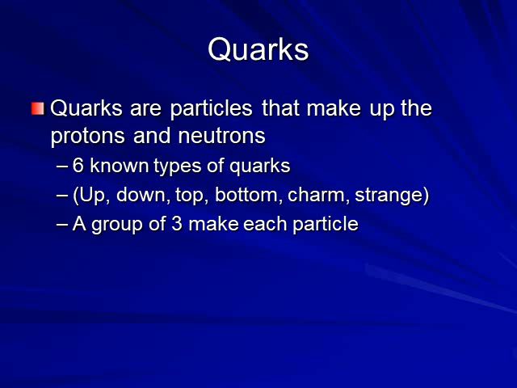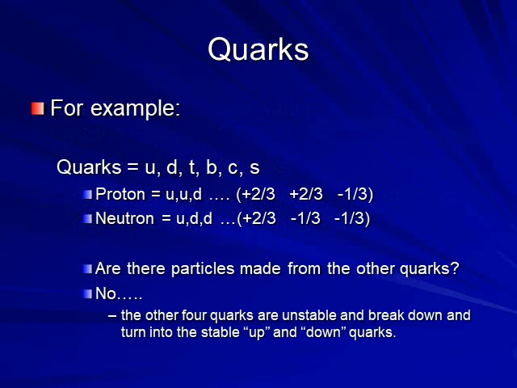Now, of all of these 6 types of quarks, the up and the down quark are the most stable, and it's the up and down quarks which actually make the protons and the neutrons. It's just a different combination of up and down quarks. Matter of fact, here we go. So quarks: up, down, top, bottom, charmed, and strange, right? A proton is made of 2 up quarks and 1 down quark.